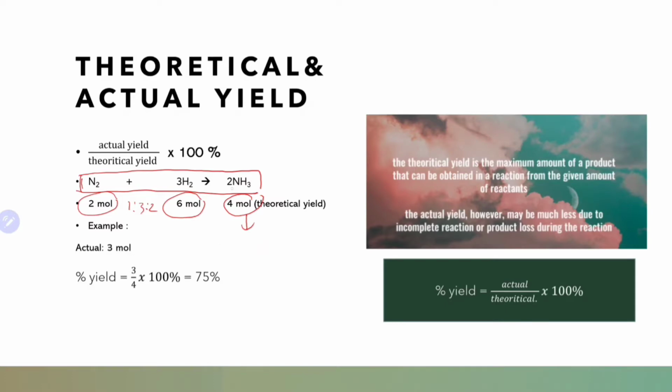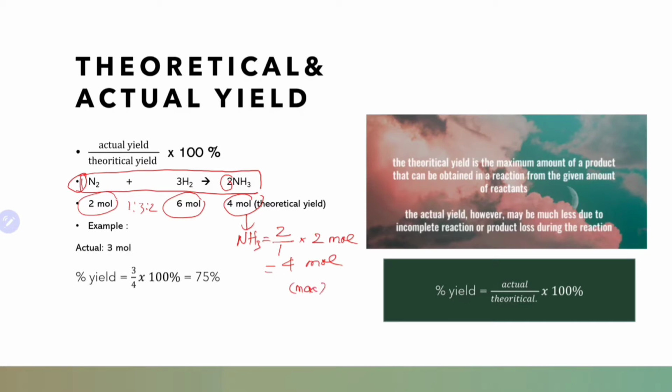We can compare the coefficient of ammonia to the coefficient of N2. So the number of mole of ammonia, NH3, is the coefficient 2 over the coefficient of N2 times the mole of N2, 2 mole. So the number of mole of ammonia is 4 mole. That's the maximum.